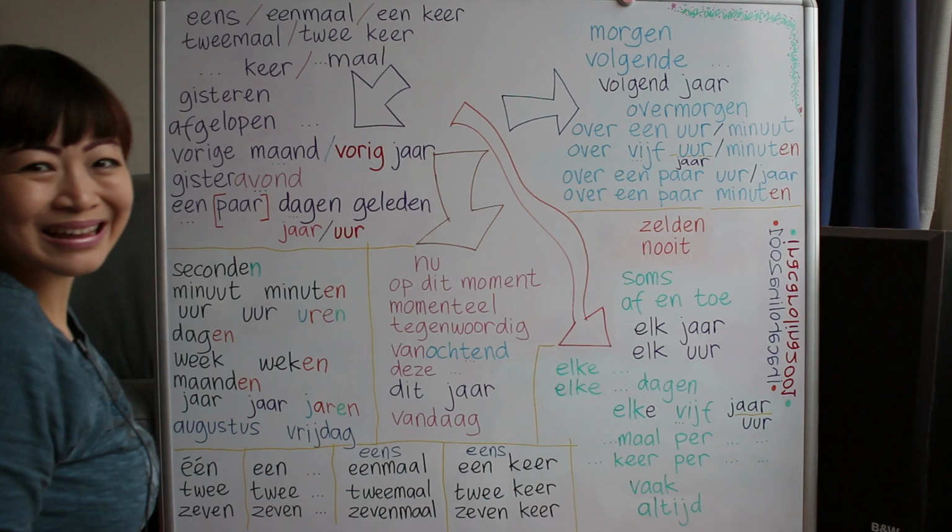Last part, when we have to say in several years, in several hours, or several years from now, several hours from now, several minutes from now. The several, of course, we use een paar, but as we know, several, een paar, is more than one.